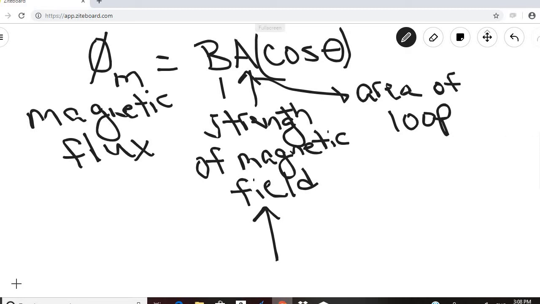The cosine of 90 degrees is 0, so that tells you that when the magnetic field is perpendicular to that vector, the flux would be 0. But the bottom line is that if you increase the strength of the magnetic field, or if you increase the area of the loop, that is going to increase the magnetic flux.